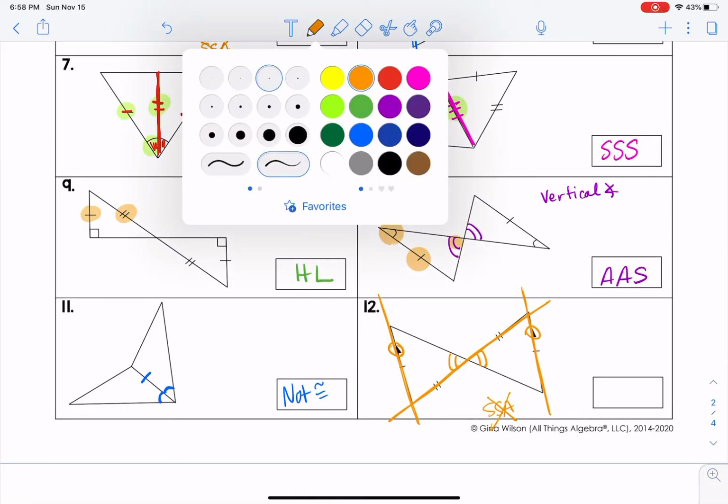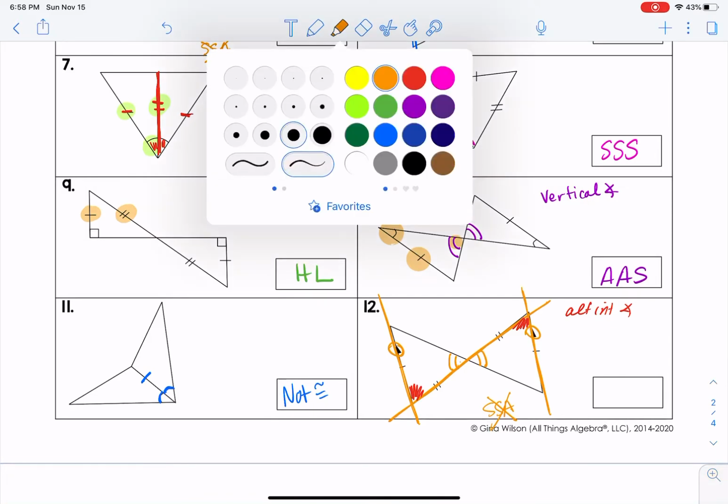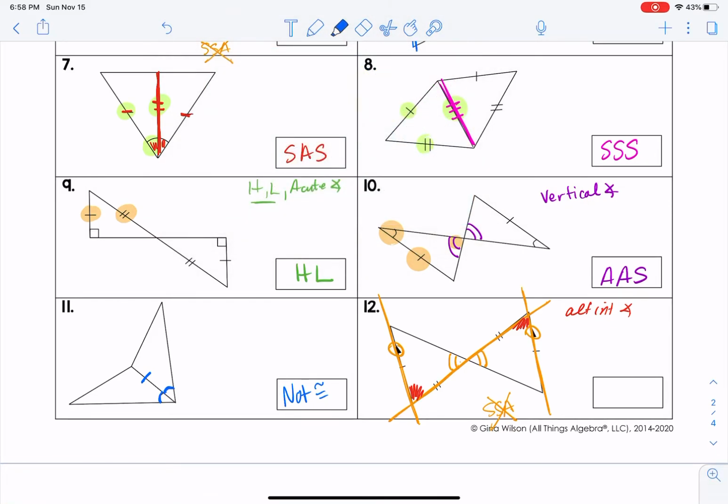And then I can see that this angle and this angle are alternate interior angles, and they're congruent. So now what do I have? Now I can say angle, side, angle.